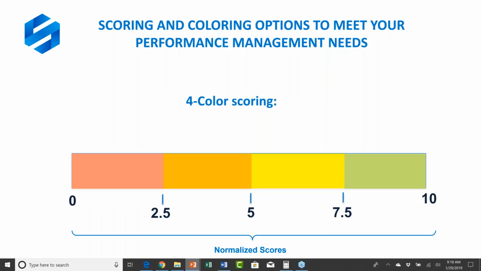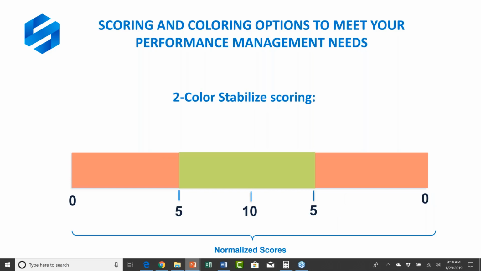Another option might be to say, let's expand beyond the red, yellow, green, and let's throw in an orange color and break down our 0 to 10 a little more distinctly into 4 different buckets instead of the 3 buckets that you do with the goal and red flag. And back to that warehouse inventory example, again, you may want to employ what we call a stabilized scoring methodology, where outliers are zeros and the ideal number in the middle is a 10.